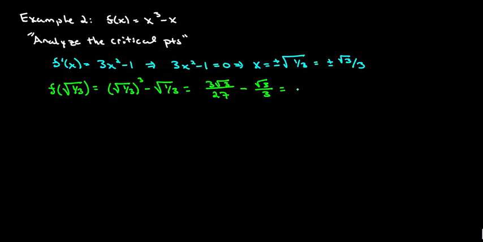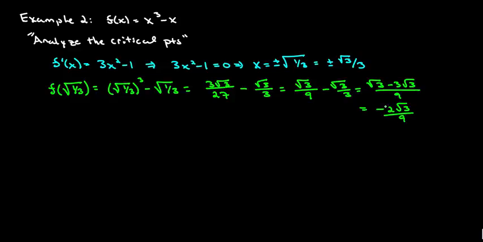Well, this gives me the square root of 3 over 9 minus the square root of 3 over 3, which is going to give me the square root of 3 minus 3 square roots of 3 over 9, which looks like it's going to give me negative 2 square root of 3 over 9.